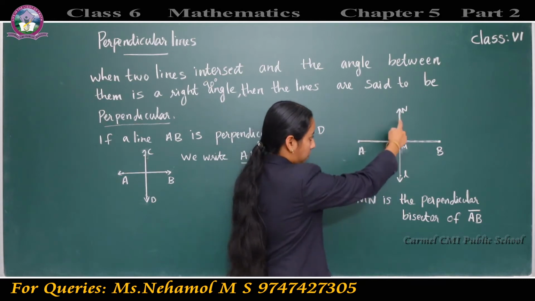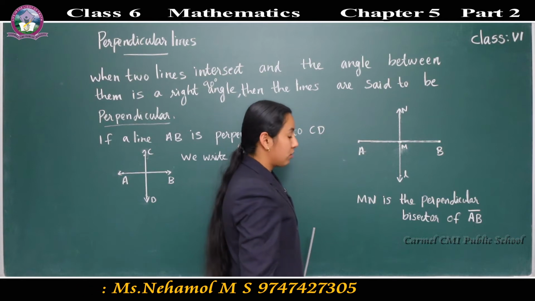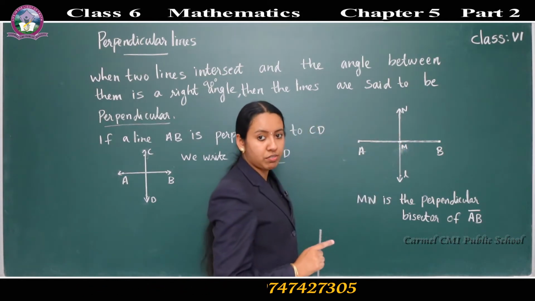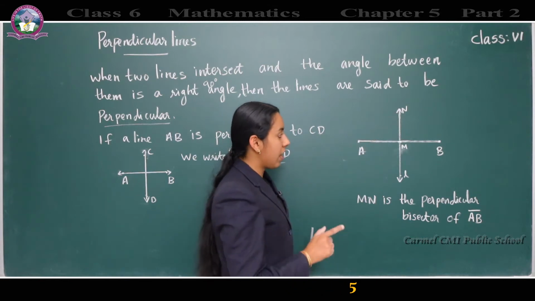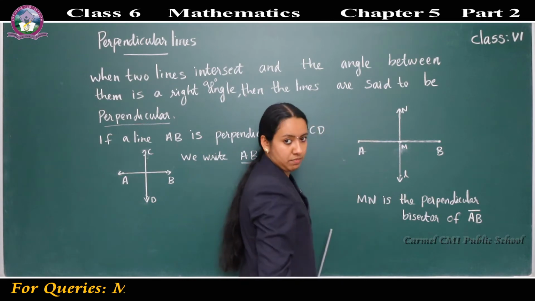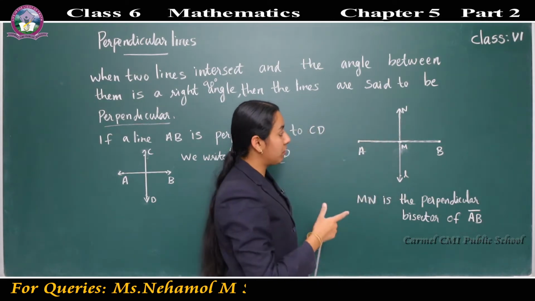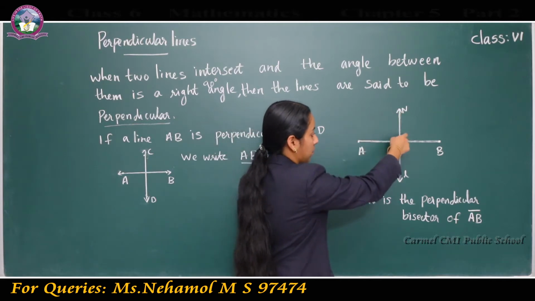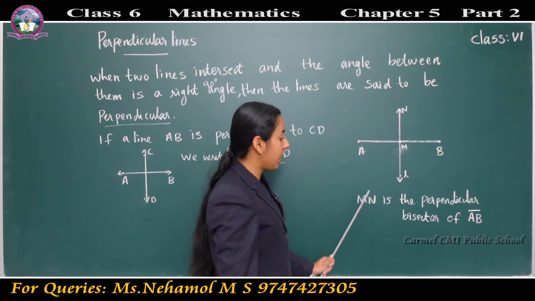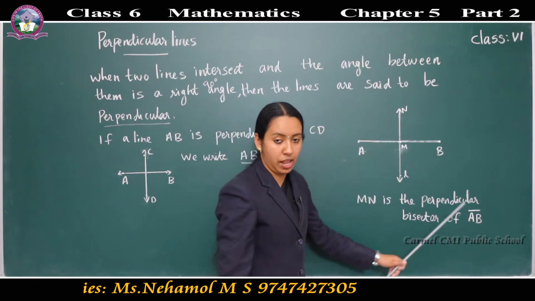Yes, MN divides AB into two equal parts. So we say MN is the bisector of AB. Also MN is perpendicular to AB. Then we can say MN is the perpendicular bisector of AB.